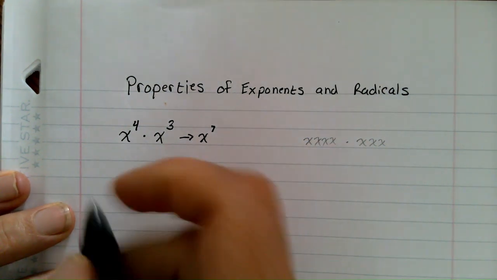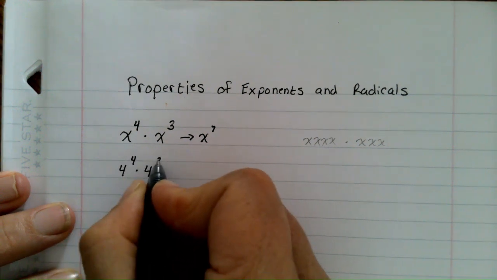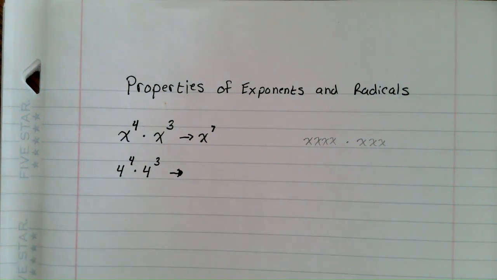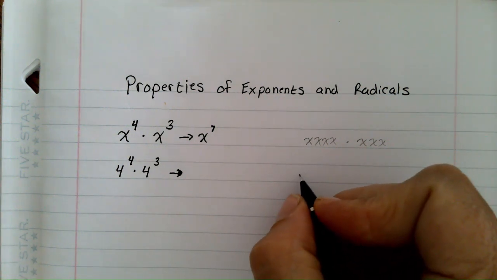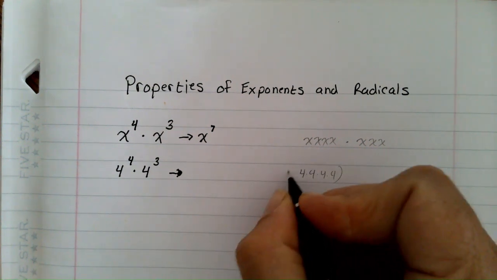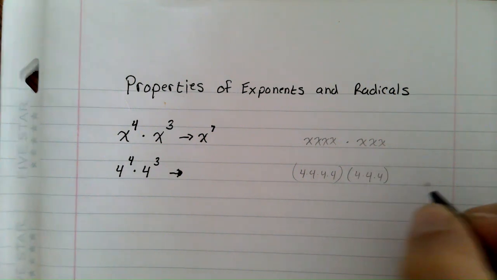Okay. What about 4 to the fourth times 4 to the third? What do you think that is? I want you to really think about it. If you need to, write it down. Don't lie to yourself. Let's see what you thought. Compare it to what really happened here. We have 4 times 4 times 4 times 4, and then that's being multiplied by 4 times 4 times 4.